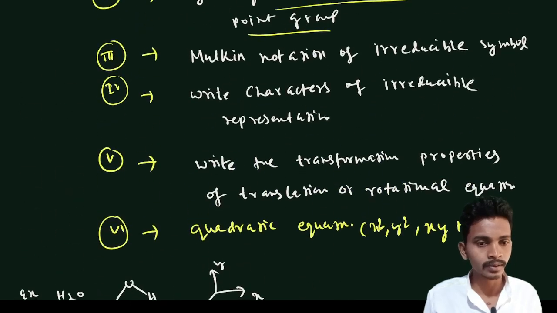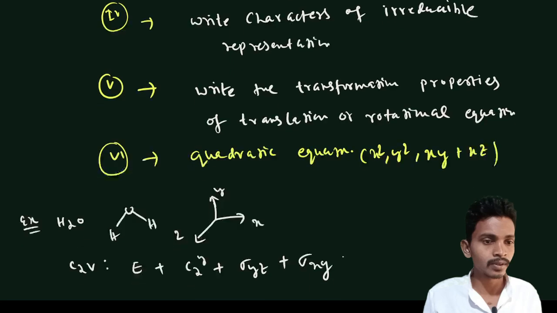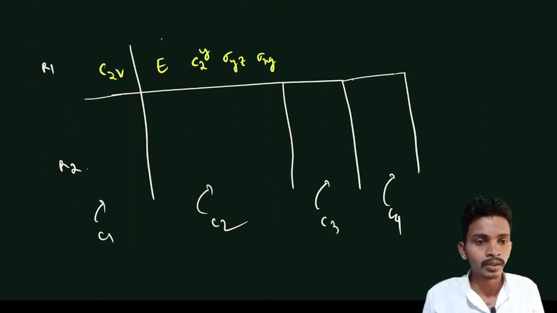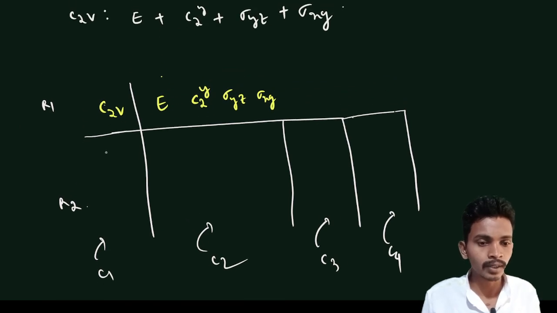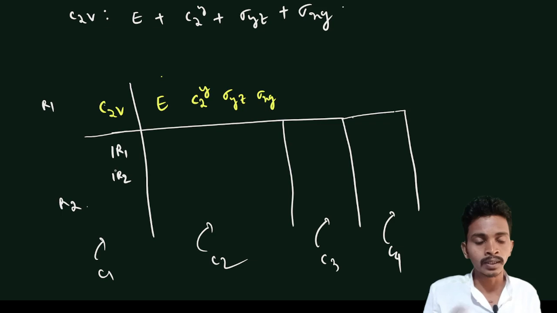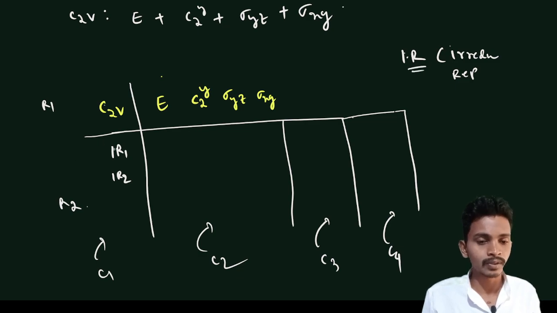After that, in part 3 I write the Mulliken notations of irreducible representations. Let's say the notations are like IR1, since I don't know the values yet. So IR, for irreducible representation, I write any value like IR1, IR2. As a shortcut I am writing IR1 because now I don't know the value.